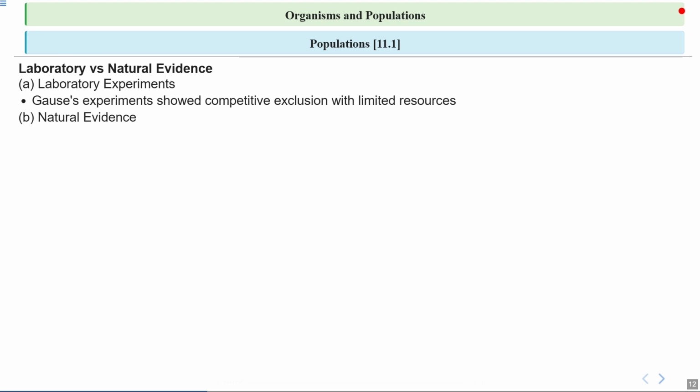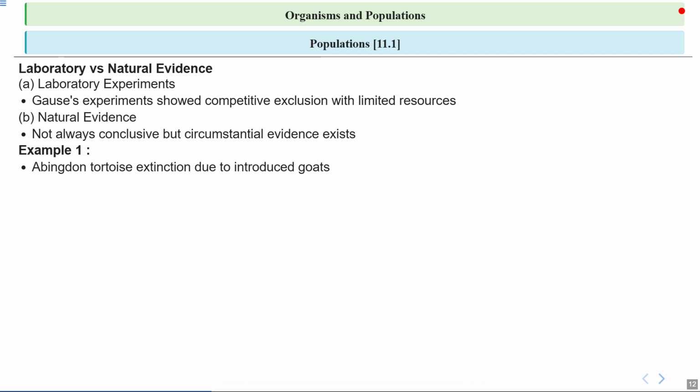Then there is natural evidence for competition. Natural evidence is not always as clear-cut as the lab experiments, but we can still find some clues of competition. What is the first example?